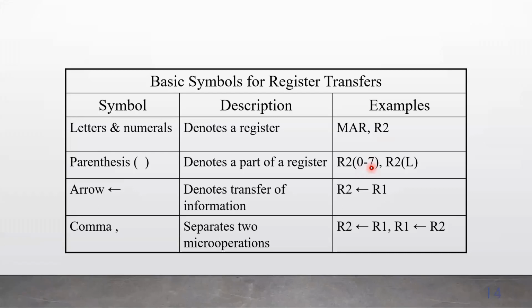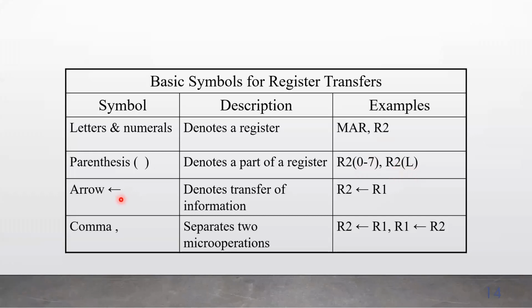Or, as we have seen, when the registers are partitioned into lower and higher order bits, L refers to the lower order bits and H refers to the higher order bits of the register content. So R2 of L refers to the lower order bits of register R2.